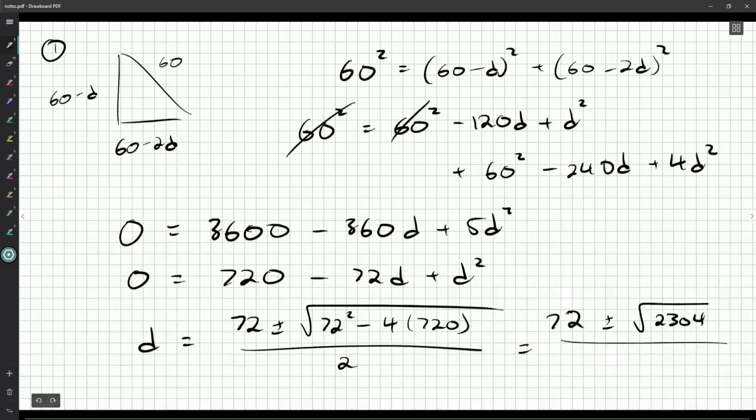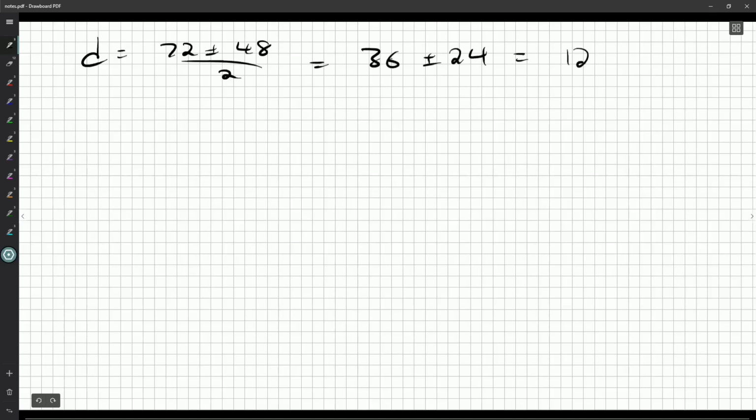It's something just under 50. Is that 48 squared? I feel like it's 48 squared. Well, actually, I've got my calculator. I'll just press the square root button. Yeah, 48 squared. So d is 72 plus or minus 48 all over 2. 36 plus or minus 24. So 12 or 60. So d is 12 or 60.